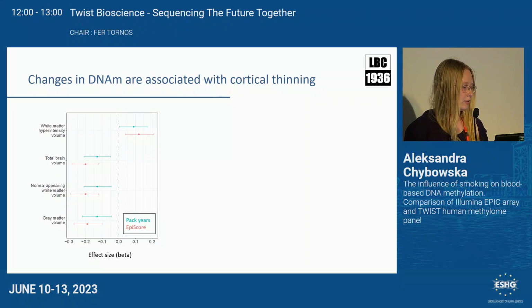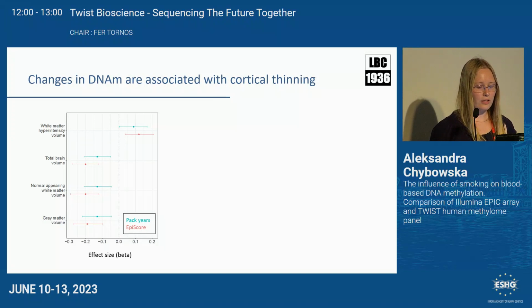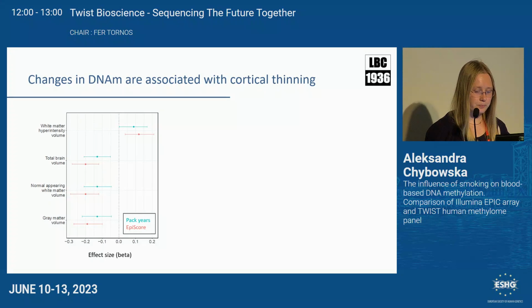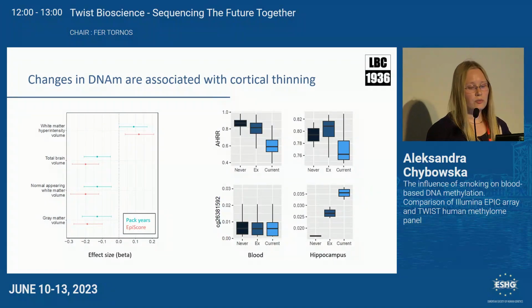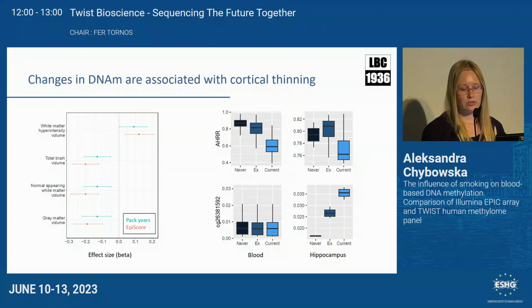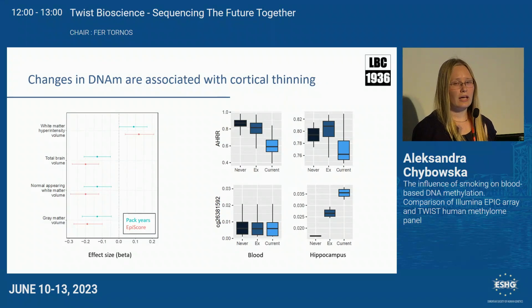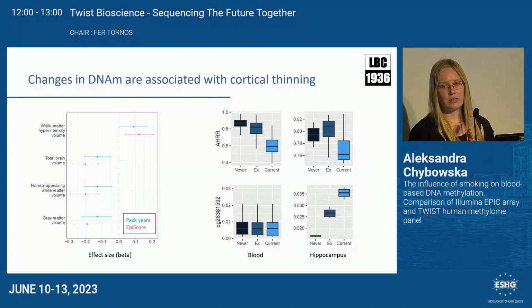We observed that the predictor was strongly associated with different metrics of brain health, and specifically with cortical thinning. In terms of tissue specificity, several loci showed near perfect discrimination between different categories of smokers, but these didn't overlap across tissues. Taken together, these findings shed light on the mechanisms by which smoking influences brain health.